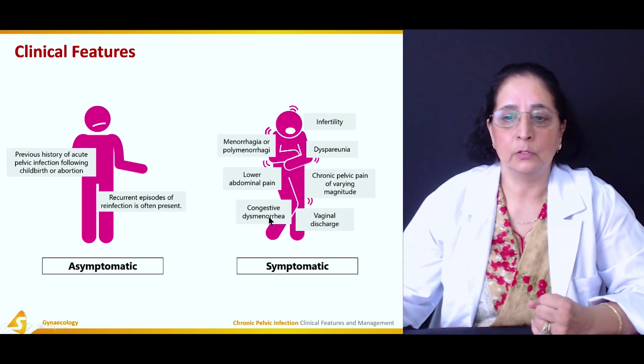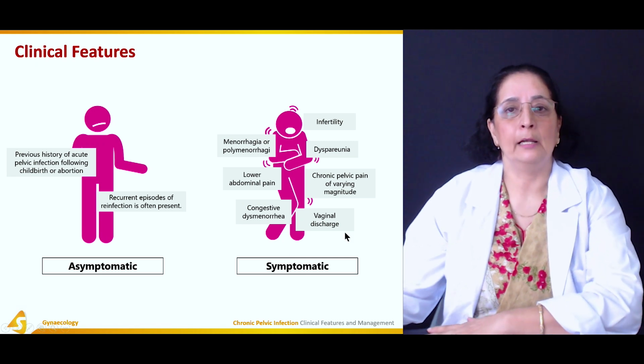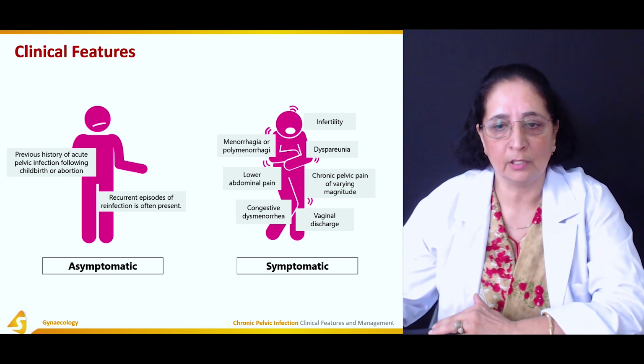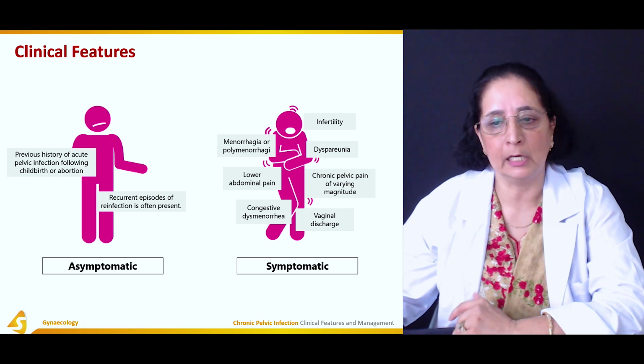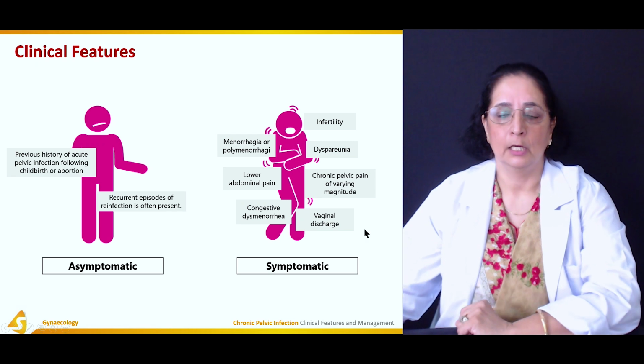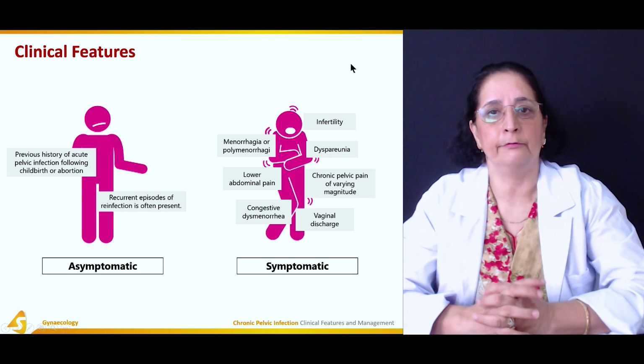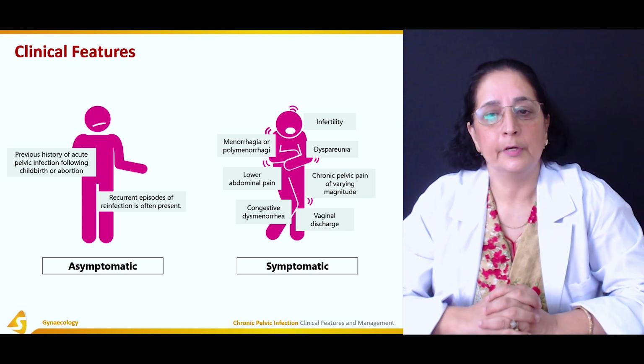Then there is also vaginal discharge in case of chronic pelvic infection. Usually the discharge is foul smelling also. So these are the symptoms that a patient with chronic pelvic infection usually presents with.